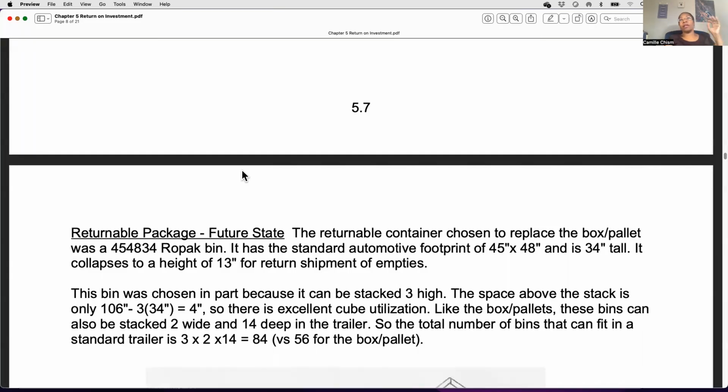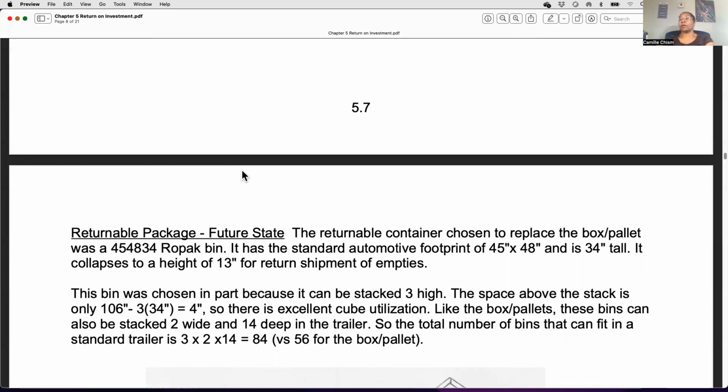They can just take that same footprint, put it where it was, and it makes it much easier. And again, it collapses from 34 inches to 13 inches. So it's quite a difference.